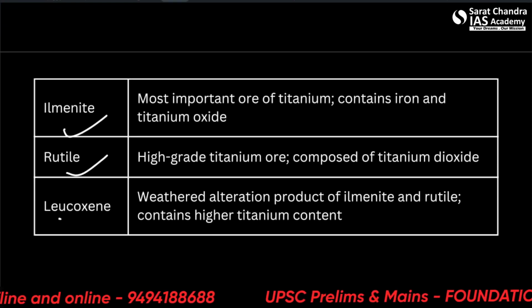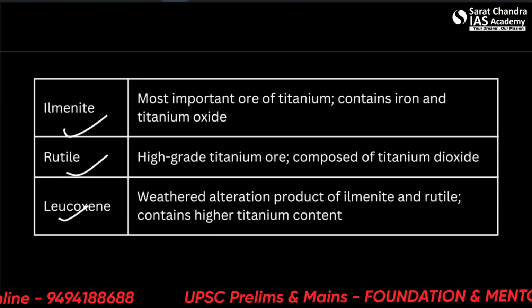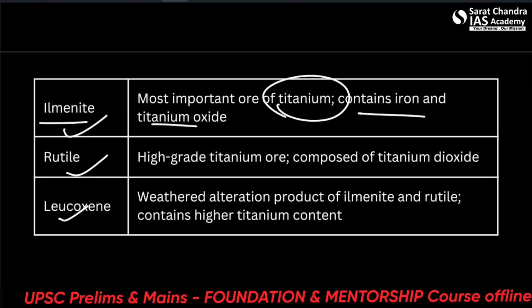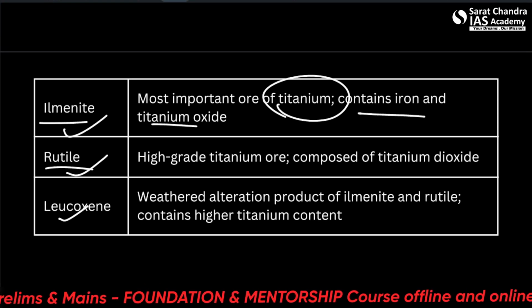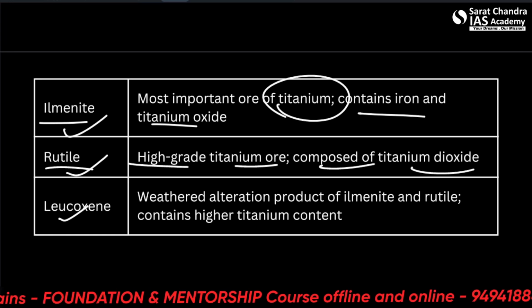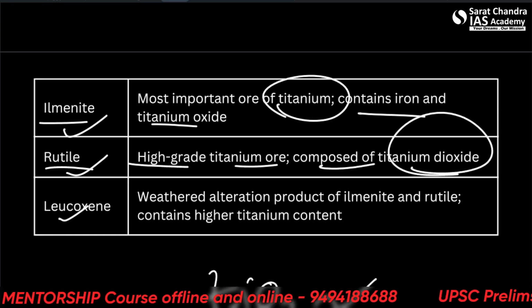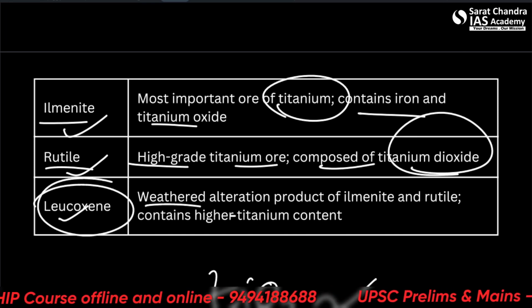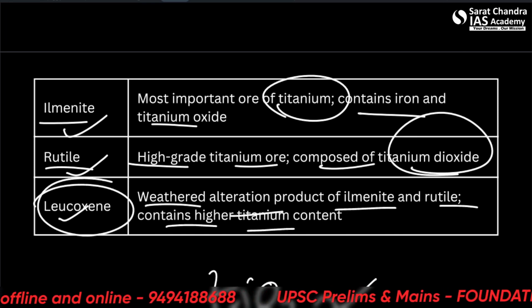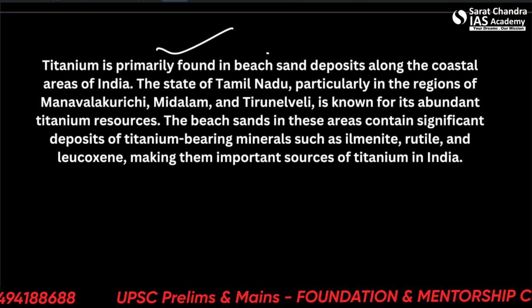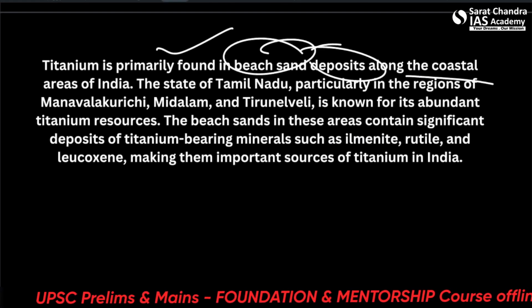So what are the ores? Ilmenite, rutile, and leucoxene. So the most important ore of titanium is ilmenite. It contains iron and titanium oxide. All right. And rutile is a high grade titanium ore composed of titanium dioxide, that is TiO2. Leucoxene is another one, a weathered alteration product of ilmenite and rutile that contains higher titanium content. Okay, so titanium is primarily found in beach sand deposits along the coastal areas of India.